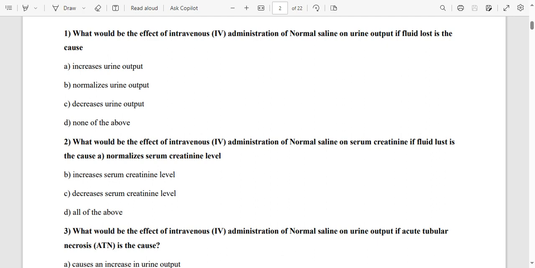So for normal saline, if someone lost fluid and then you administer normal saline, it is going to increase urine output. It's going to increase urine output after someone lost fluid and then you administered normal saline.